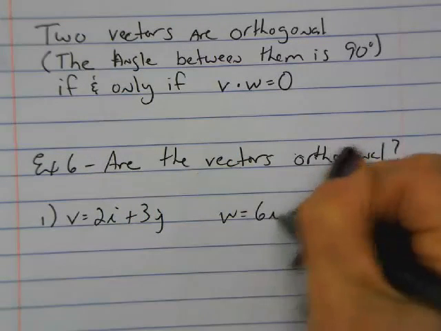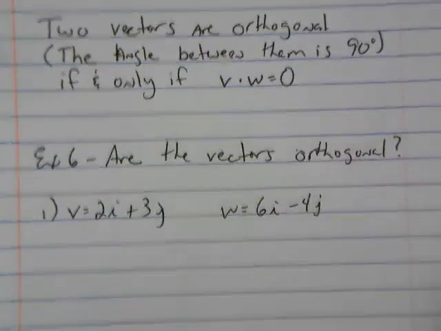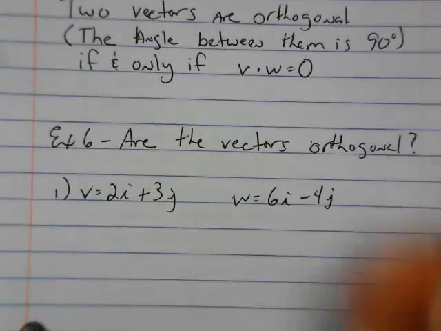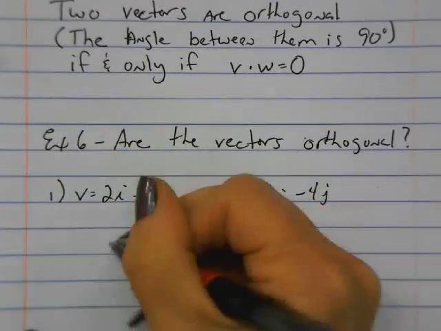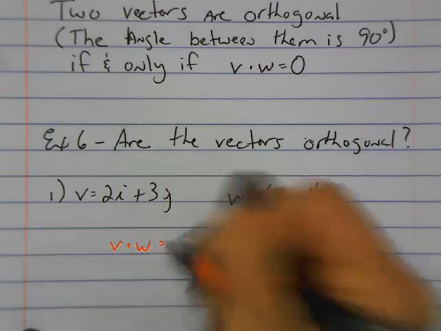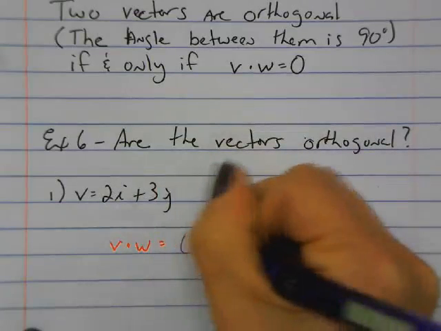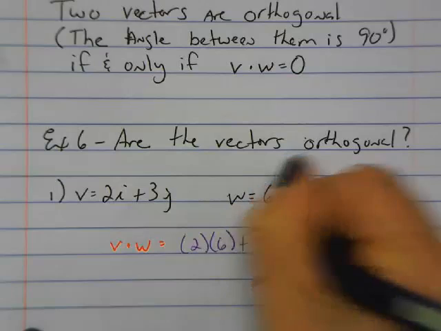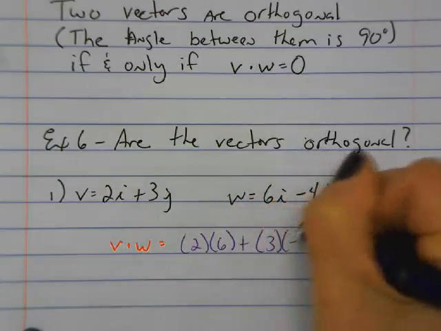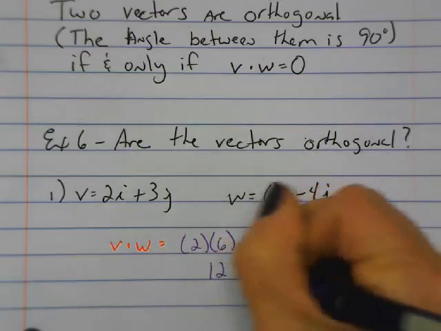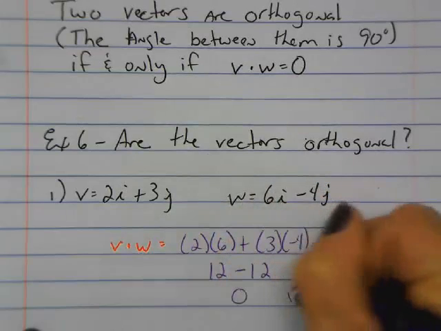So all you're going to do is a dot product and see if you get 0. So v dot w. So I'm going to do 2 times 6 plus 3 times negative 4. I get 12 minus 12 is 0. So I say yes.